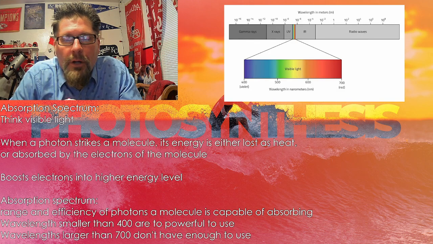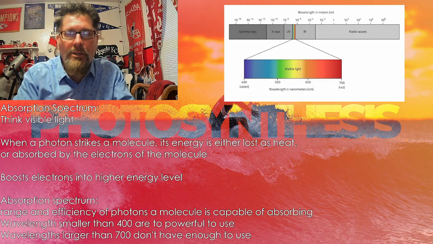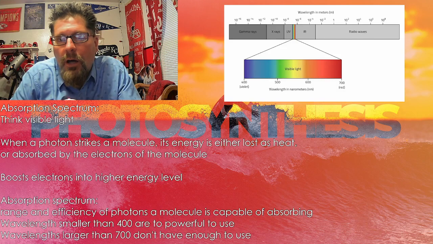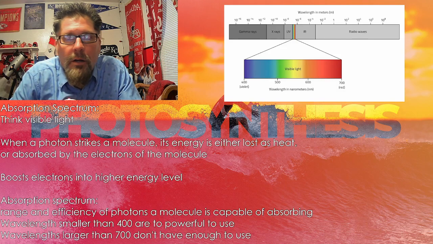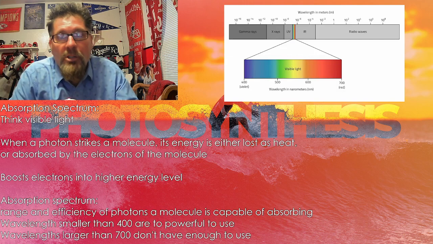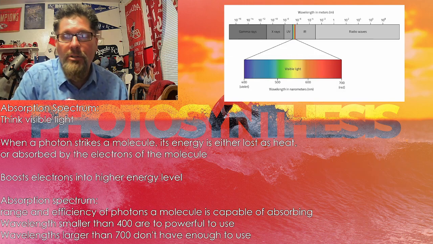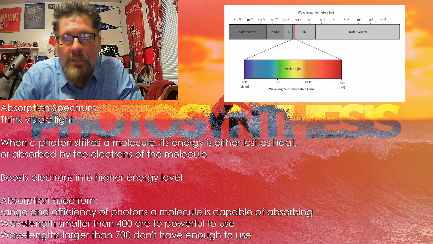But the idea is, when a photon, that visible light, strikes a molecule, there's two things that are going to happen. It's either going to be absorbed, or it's going to be reflected or lost as heat.